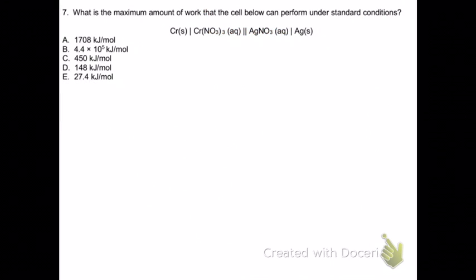Here we're trying to relate a voltaic cell to the amount of work it can perform. And remember, we have standard cell notation here, which gives us on the left-hand side the anode. So we're oxidizing chromium. And on the right-hand side of this double bar here, we have the cathode compartment.